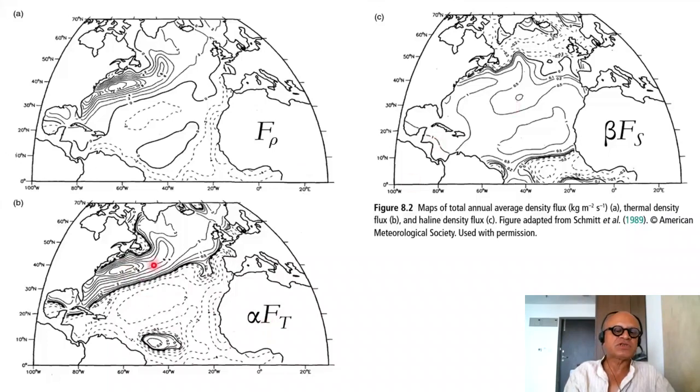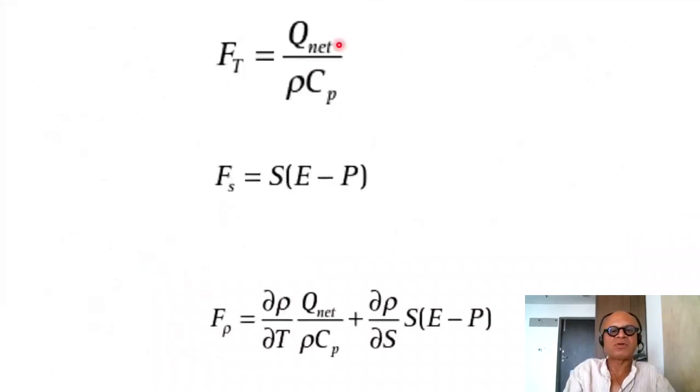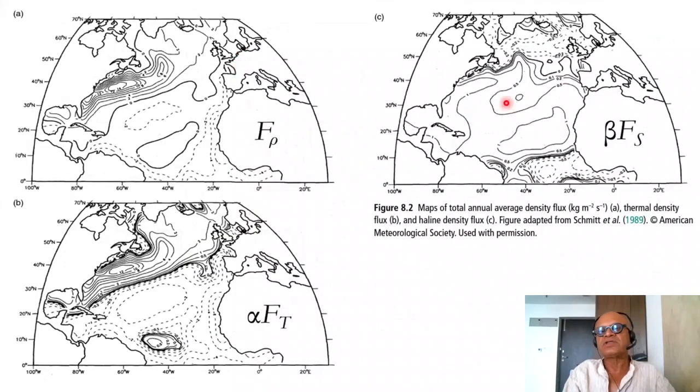Heat loss, so you have to just make sure you got the right sign. Q net is positive, rho Cp is positive, so F_T is positive, but this means the water is getting heavier, whereas here salinity is increasing, which means density is increasing. So in the net you have a net density flux.